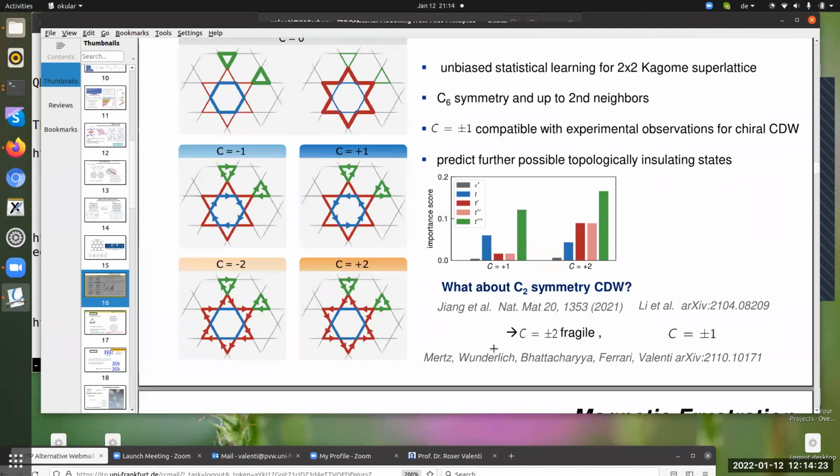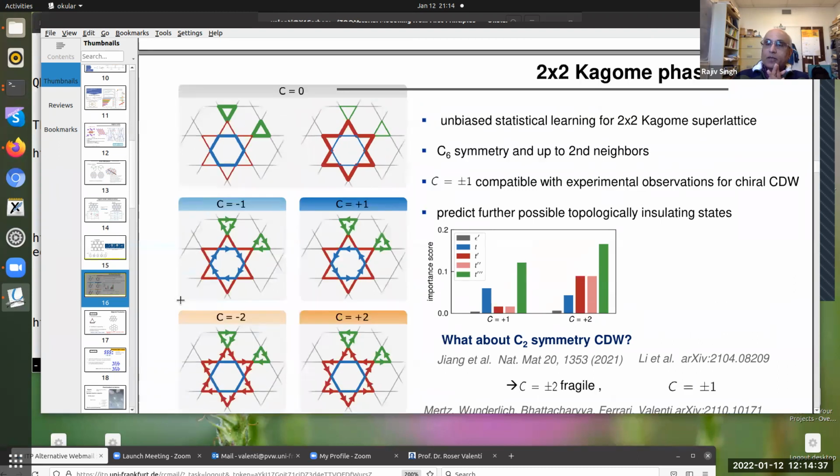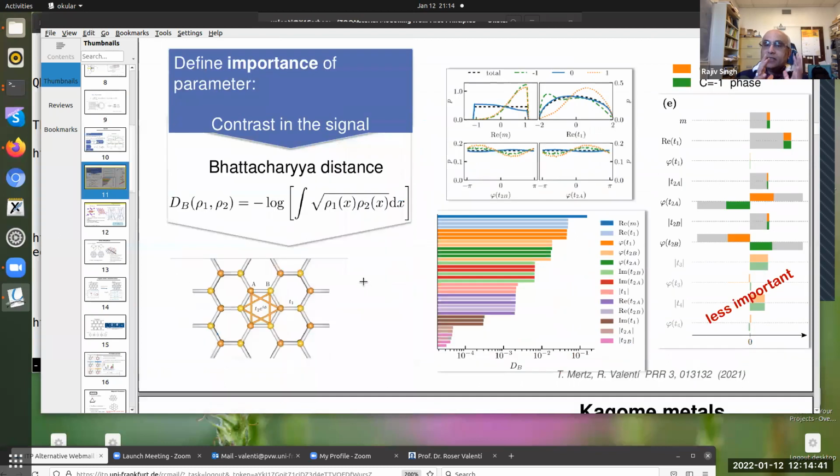Rajiv, I think you were next. Yeah, it was a very nice talk, Roser. I was going to ask also about the Kagome metal piece and your statistical analysis. You had this distance between distributions defined by the Bhattacharyya distance. Why did you pick that one?